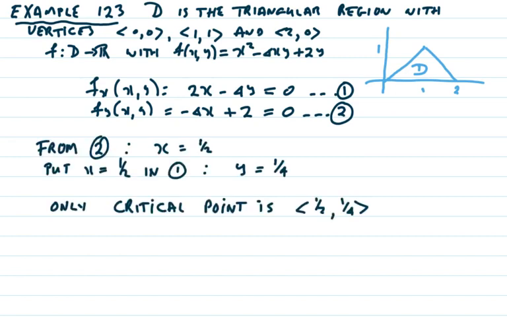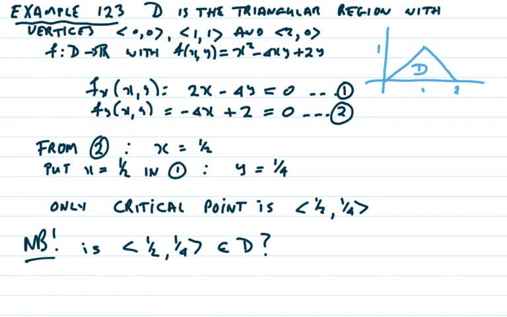We can see from the second equation that x is a half, and if we substitute a half for x in the first equation, we find that y is a quarter. Therefore, the only critical point is the point (1/2, 1/4). A word of caution is necessary at this stage. As you can see, the expressions for the function f as well as the expressions for the two partial derivatives are valid for all real numbers x and y.